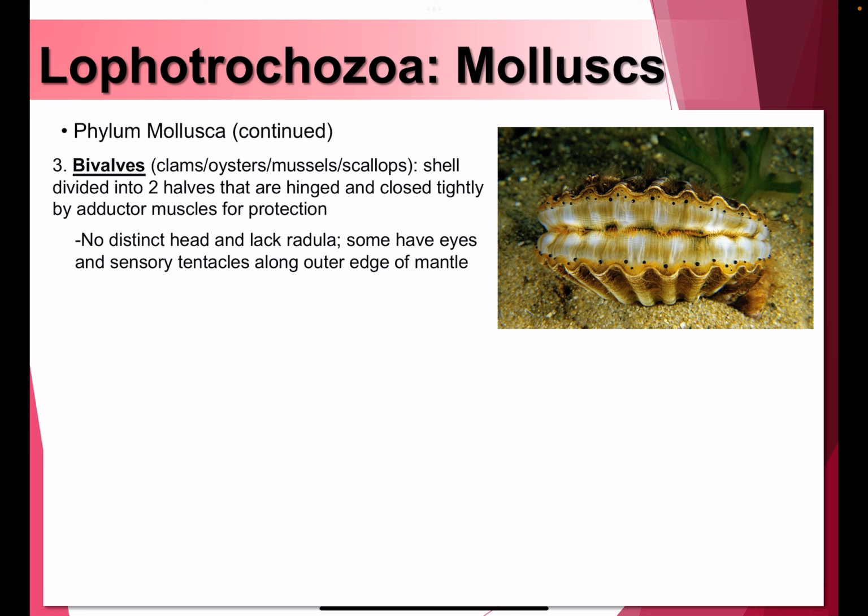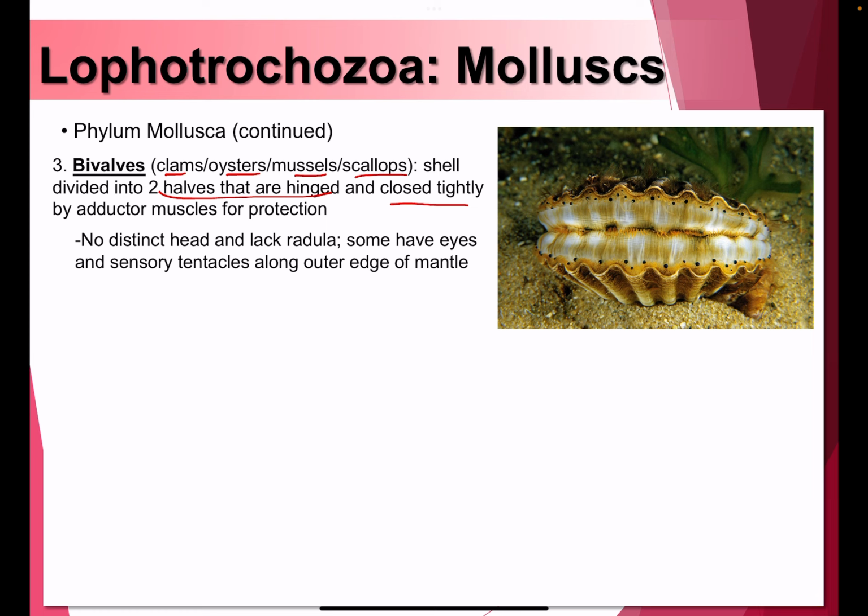The third group of species is called bivalves. Bivalves are again clams, oysters, mussels, or scallops. Their shell, we talked about this with the brachiopods, saying that they're not exactly the same halves as these bivalves. So for bivalves, their two halves are hinged at one end and closed very tightly by adductor muscles for protection.